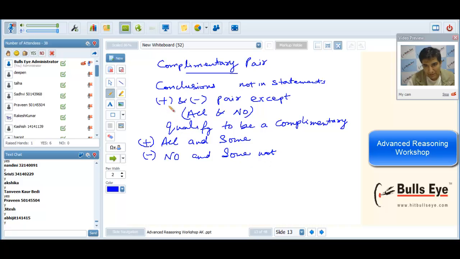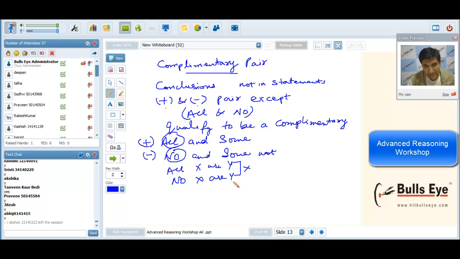So I said any positive negative pair except a pair of all and no. Like you could have all x are y and no x are y. This does not qualify to be a complementary pair. Rest, every positive negative pair of statements which are found, I said, in conclusions will qualify to be a complementary pair.